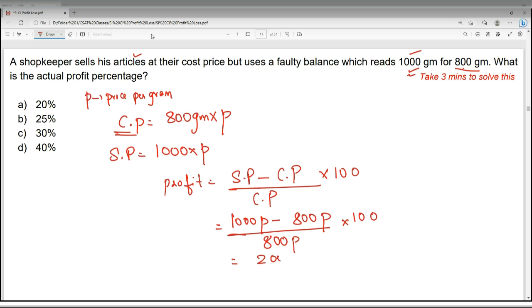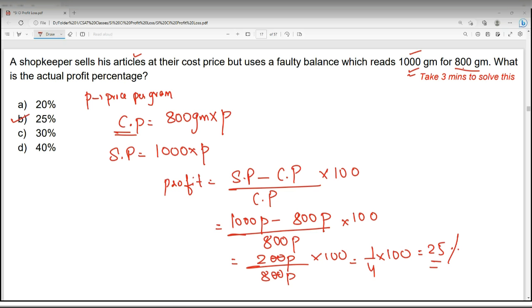This is 200P, 1000 minus 800 is 200P, divided by 800P into 100. This is 1 by 4 into 100. This is equal to 25%. So the actual profit percentage is 25%. So option B is the correct answer.